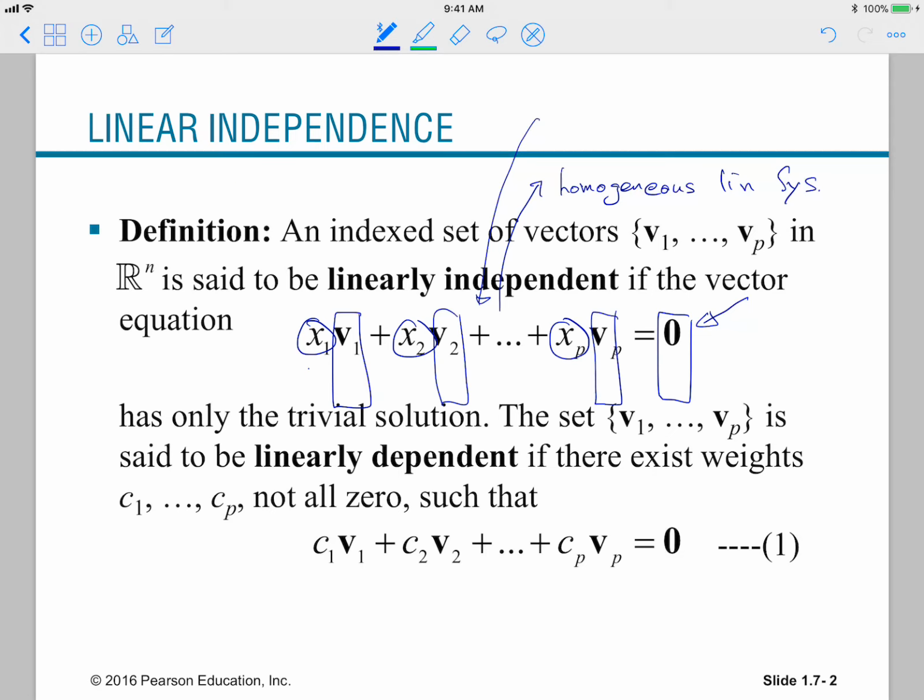In this case, the zero vector is always inside the span of v1 through vp, because we can simply set the linear combination coefficients to zero for any vectors that we are given, and then we can easily create the zero vector.